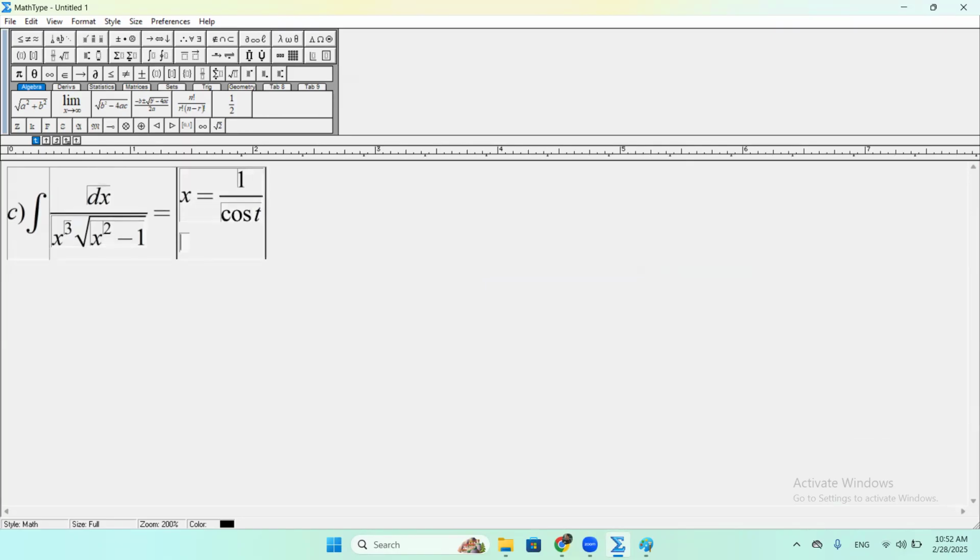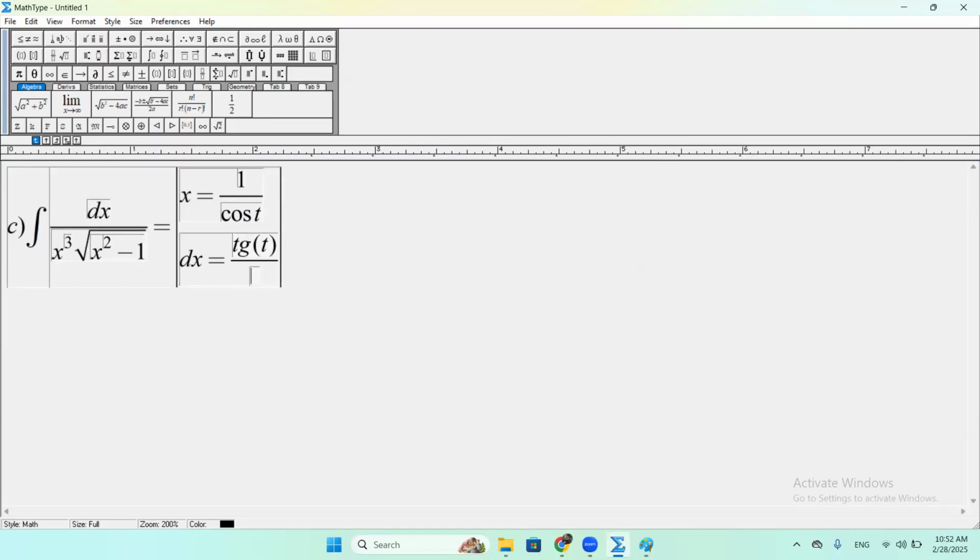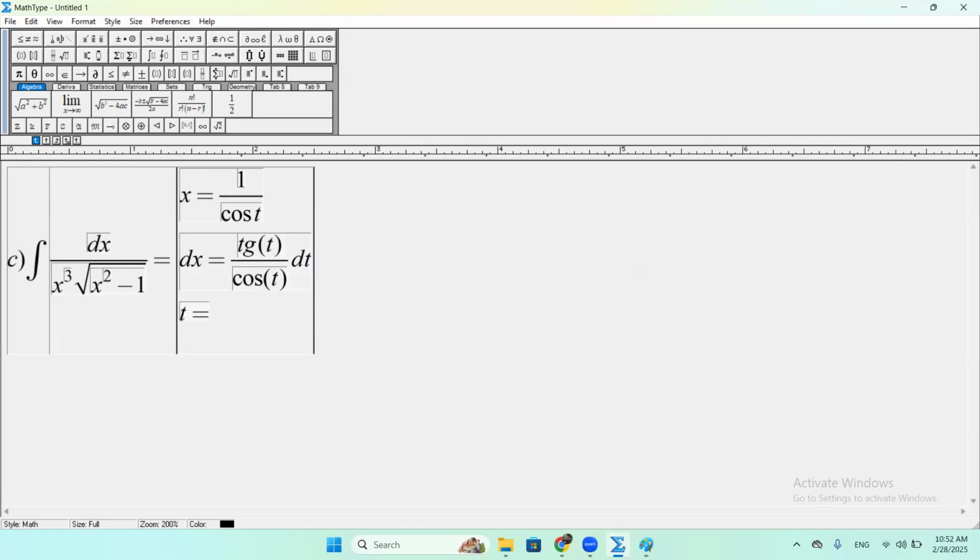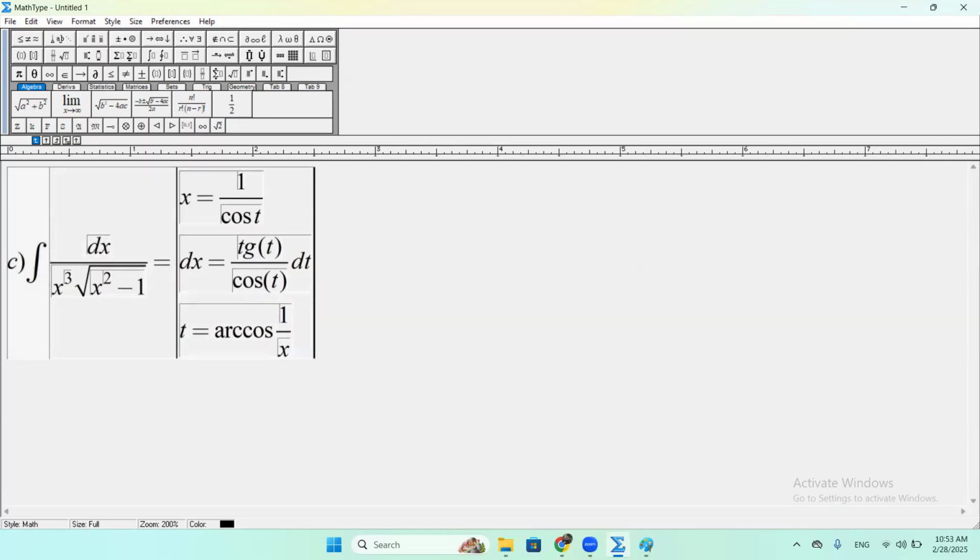Then dx equals tangent t over cosine t dt, and t equals arccosine of 1 over x. So everything is taken into consideration.